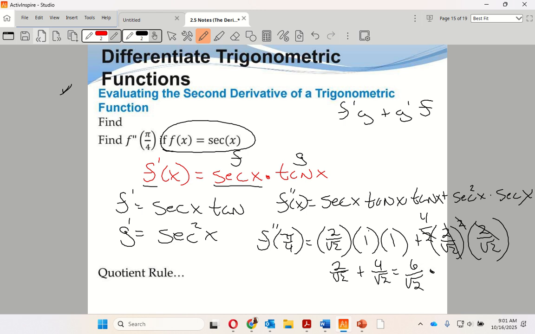Multiply top and bottom by rad 2 over rad 2, and that gives me 6 over 2, which reduces to 3. So f double prime of pi over 4 is 3 rad 2.